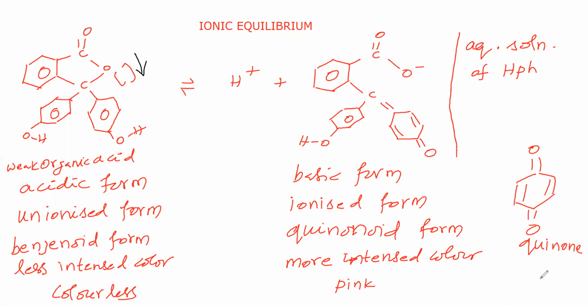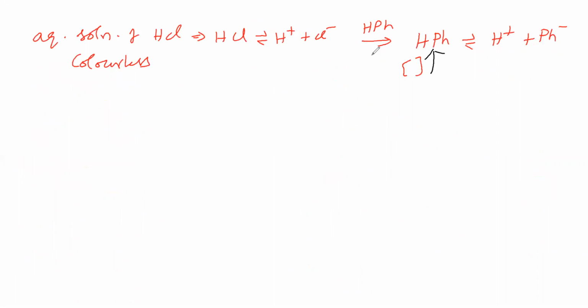So when phenolphthalein is added into this solution, the unionized form concentration is high compared to the ionized form. This concentration is dominating. Therefore, phenolphthalein gives the unionized form color to the solution.